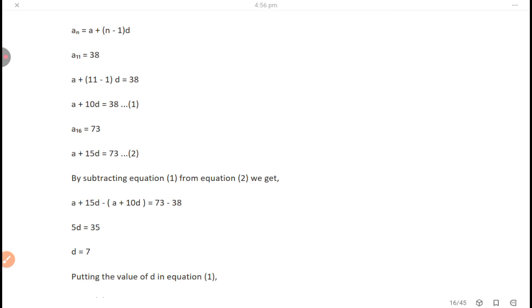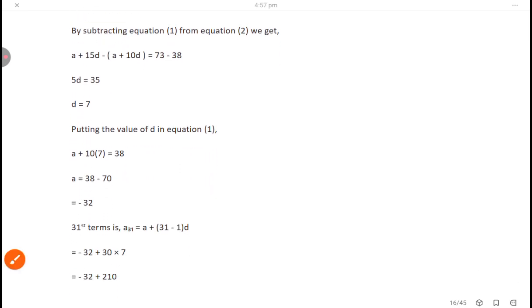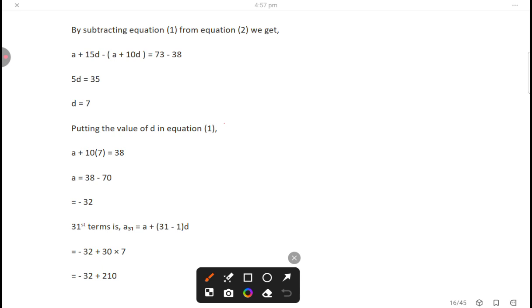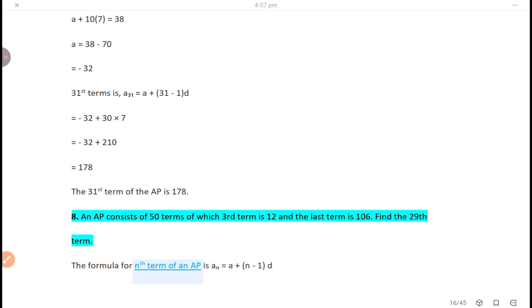So with both equations 1 and 2, you will get d. So d is 7. Putting the value of d in equation 1, you will get a equal to minus 32. So 31st term is a31 equal to a plus 31 minus 1 into d. That is 178.